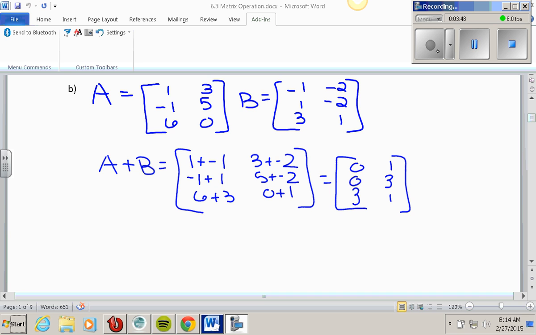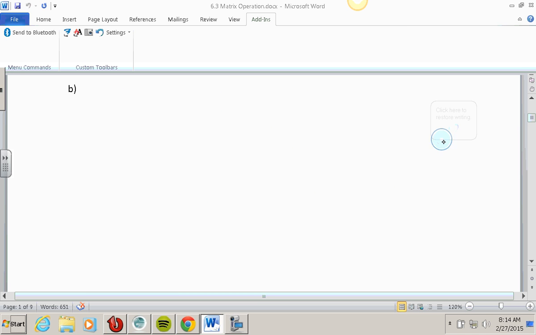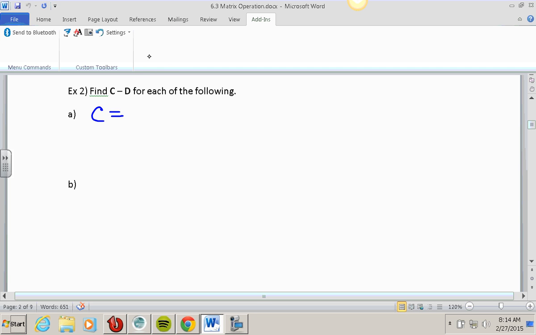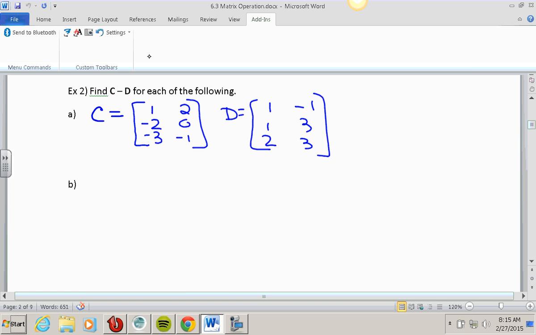Okay, so now let's talk about subtraction. So we have matrix C, matrix D. Matrix C is 1, negative 2, negative 3, 2, 0, negative 1. And matrix D is 1, 2, negative 1, 3, 3. And if we're subtracting, just like when we're adding, you're subtracting the corresponding parts.